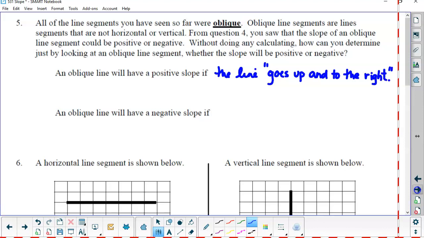For negative slope, if the line goes down and to the right. So if you start at the leftmost point, you're either going up or down, and then to get to the right, you got to go to the right.